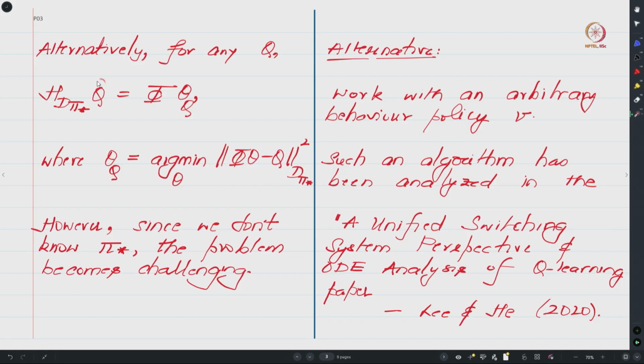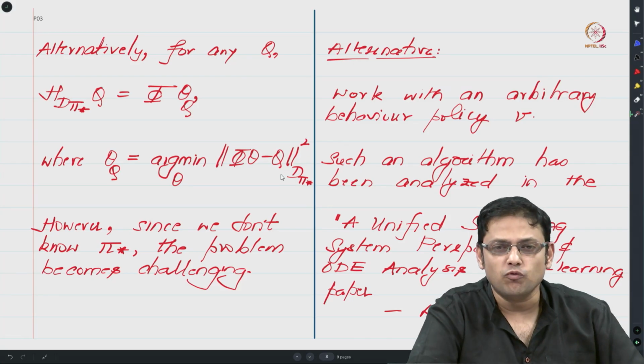In other words, if I am given some arbitrary vector q and multiply it with Pi D pi star, then the output can be represented as some phi theta q, where theta q is the theta vector that minimizes the distance mentioned over here, and notice that the distance is influenced by D pi star.